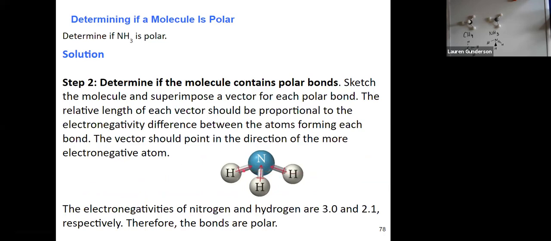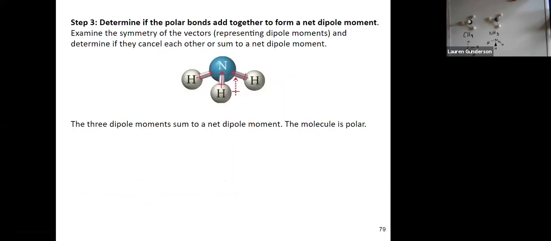So we have our three dipoles that we're going to draw. The arrow is going to face towards the nitrogen because it's more electronegative. Each of these bonds is a polar bond. Now, when we're trying to sum up these vectors, we'll see that the sum of the vectors is this one here that's dashed. Nothing cancels out here. This molecule is a polar molecule.